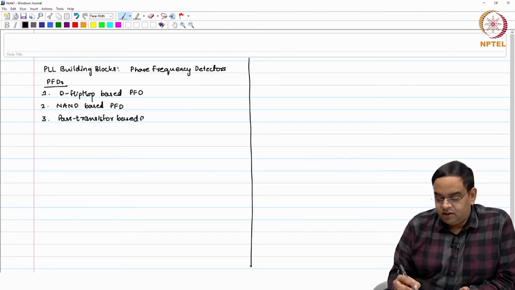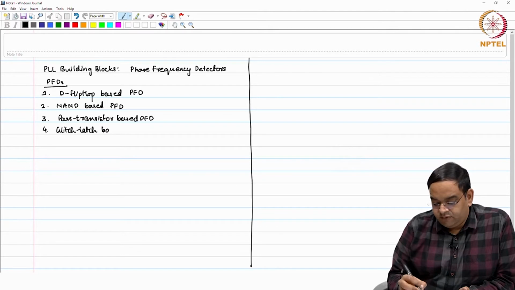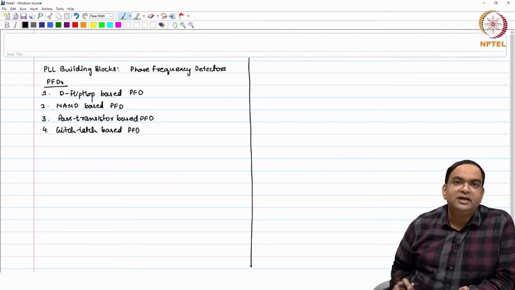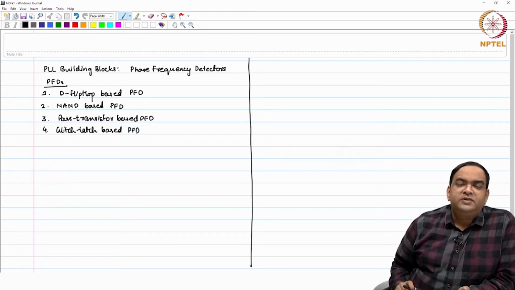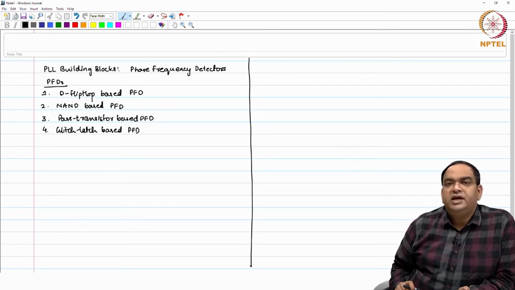And another one is the glitch latch based PFD. The reason that we have these other two PFDs, pass transistor and glitch latch based, is specifically to reduce the reset time and to minimize the window during which the average output of the PFD is negative even when the phase error is positive.